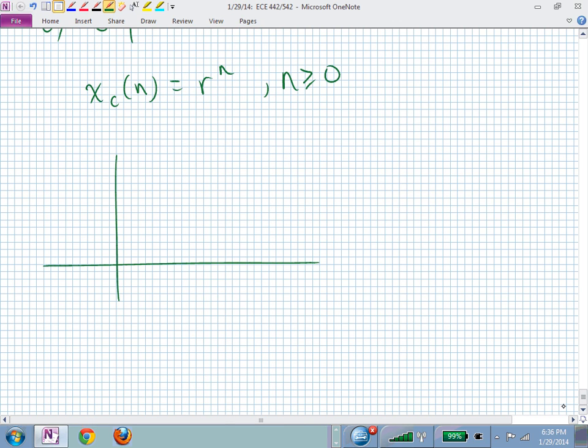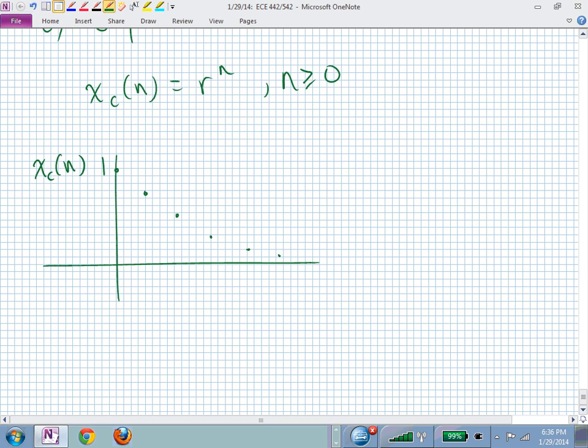Well, that could actually represent two different waveforms, couldn't it? We could have something that looks like that. Let's say we're starting at 1, since I didn't put any kind of scaling factor in front of that.